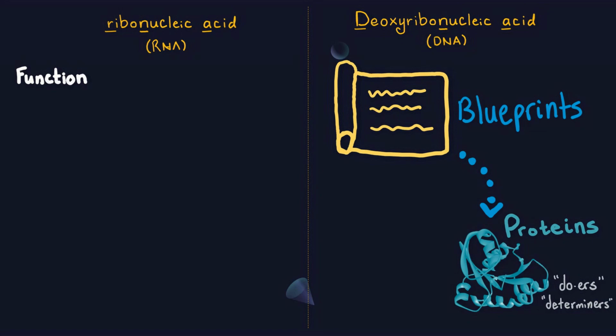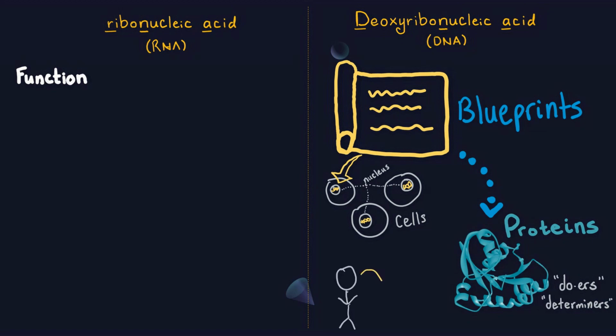DNA, which are the original instructions for proteins, is found in nearly all living cells. So almost every cell in your body has DNA, and DNA is inherited from parents to their offspring.